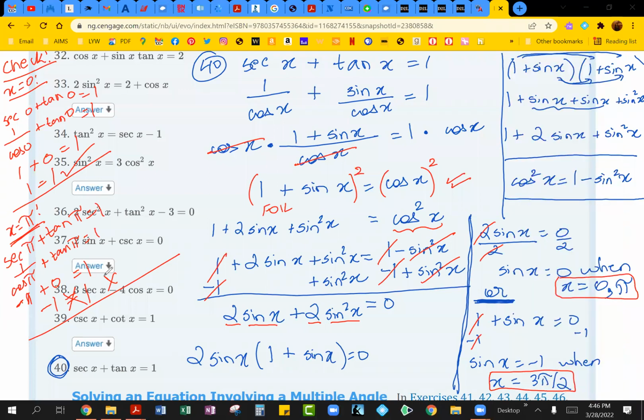And then our last one was x equals 3 pi halves. So same thing, secant of 3 pi halves plus tangent of 3 pi halves equal 1. So again, you can do 1 over cosine of 3 pi halves.